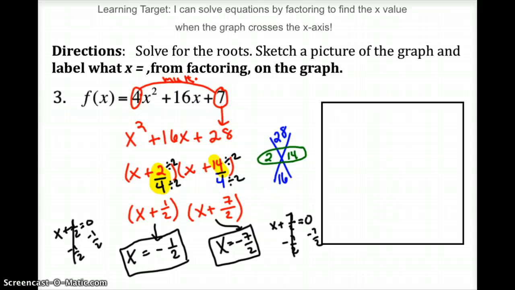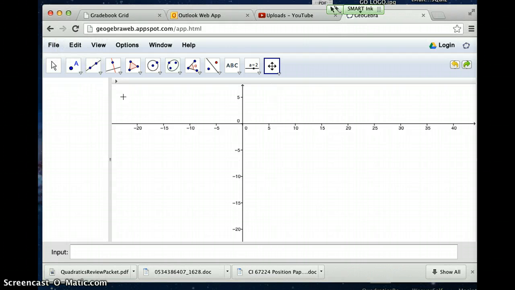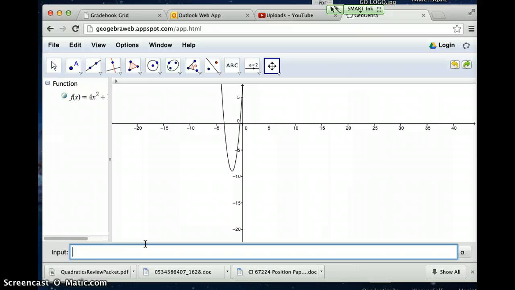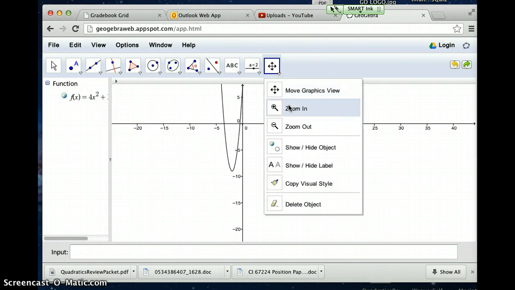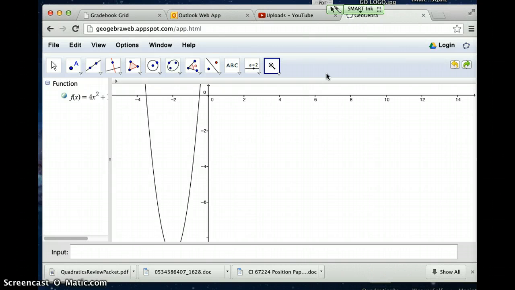Let me get the equation. Okay, File, New. So f of x equals 4x squared plus 16x plus 7. Okay, and maybe I can zoom in a little bit on this one. Zoom in, zoom in, zoom in one more time.